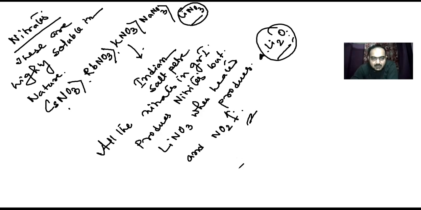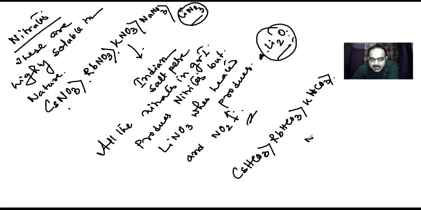Bicarbonates are also like that. CsHCO3 greater than RbHCO3 greater than KHCO3 greater than NaHCO3 greater than LiHCO3. This is attributed to the fact that while going from top to bottom, the electropositivity of the group 1 elements increases.